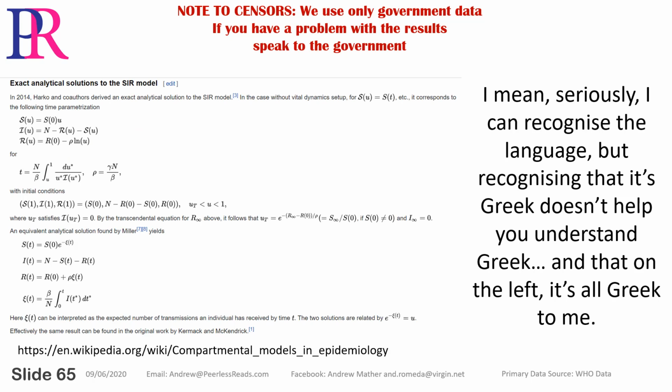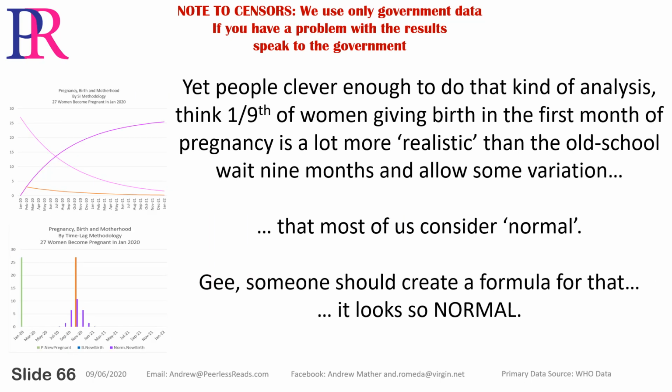I mean, seriously, I can recognise the language, but recognising that it's Greek doesn't help you understand Greek. And that on the left, it's all Greek to me. Yet people clever enough to do that kind of analysis think 1/9 of women giving birth in the first month of pregnancy is a lot more realistic than the old school wait 9 months and allow some variation that most of us consider normal. Gee, someone should create a formula for that.